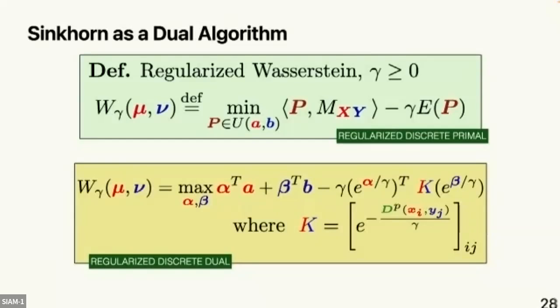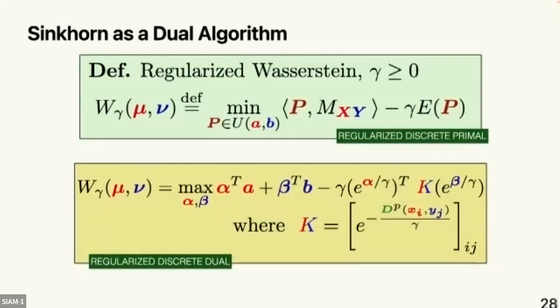And it comes from the analysis of the dual problem associated with this regularized primal problem. If you remember the dual problem, I briefly mentioned this, there was this constraint that alpha i plus beta j had to be smaller than the cost between xi and yj. Well, it turns out that if you compute the dual of this regularized problem, you get a dual problem which visually looks a lot like the dual of the original LP.